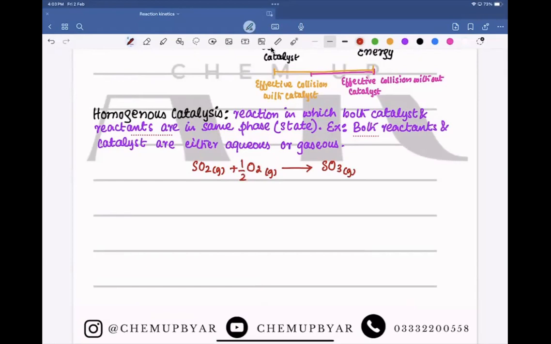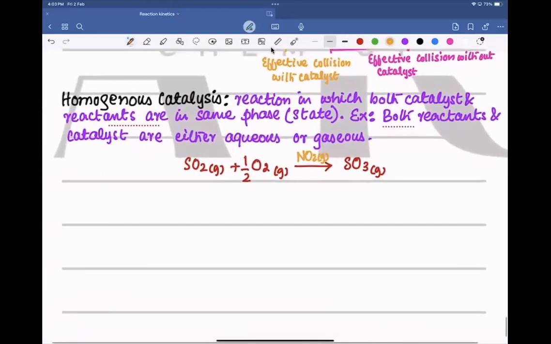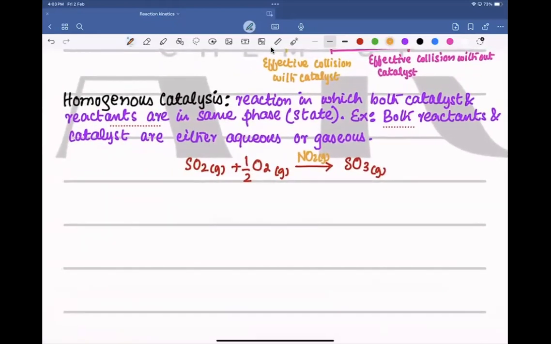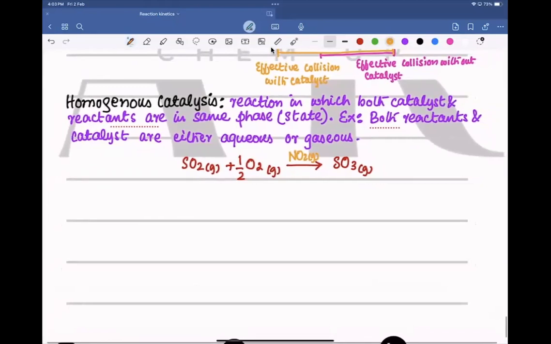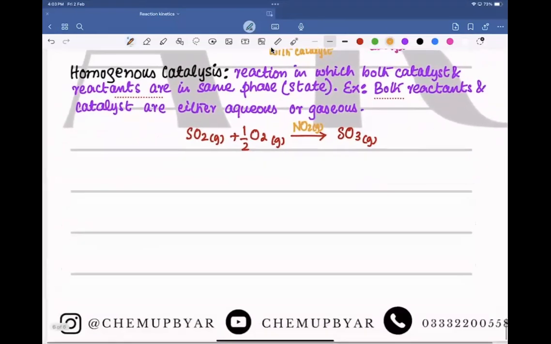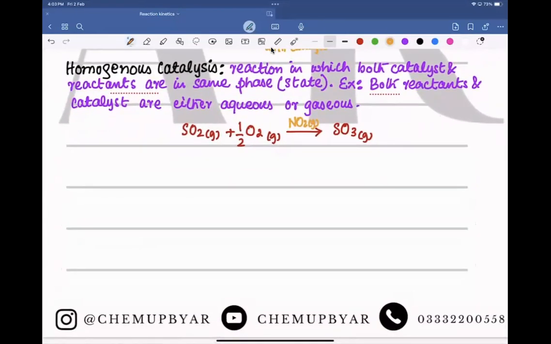For this reaction, the catalyst used is NO2, which is also a gas. So the reactants are gaseous and the catalyst is gaseous, hence it's homogeneous catalysis. Is this clear to all of you? Yes, sir.